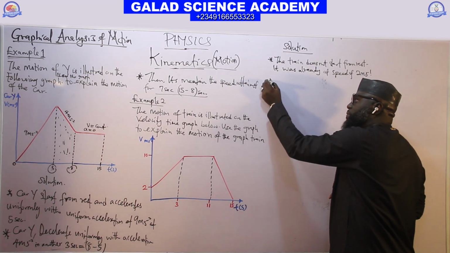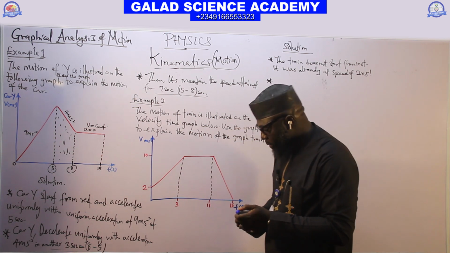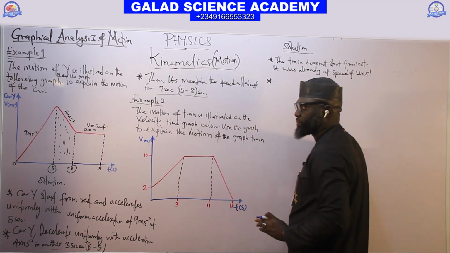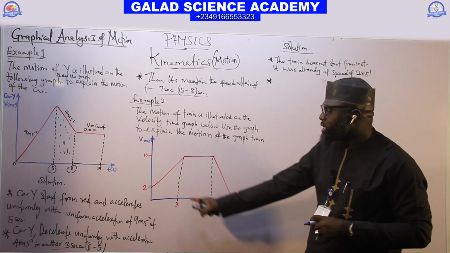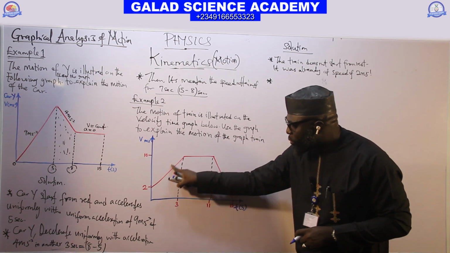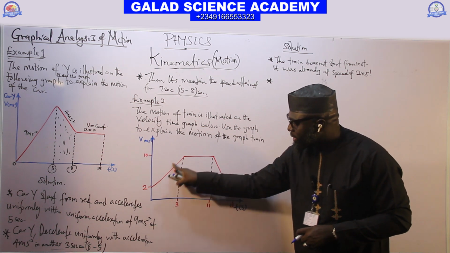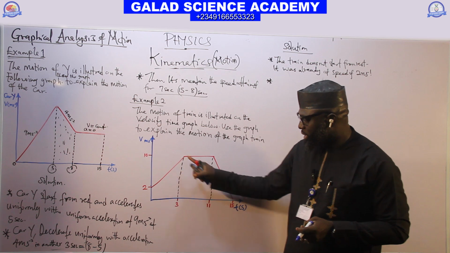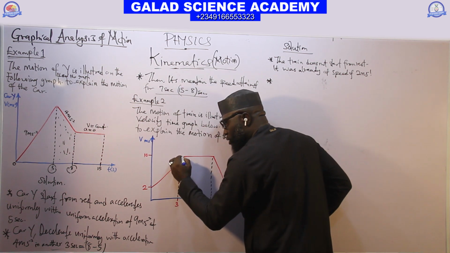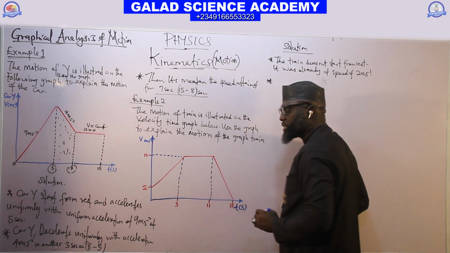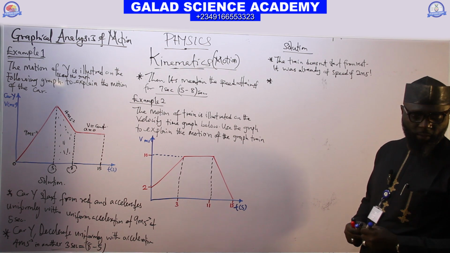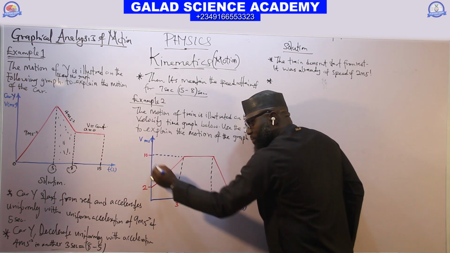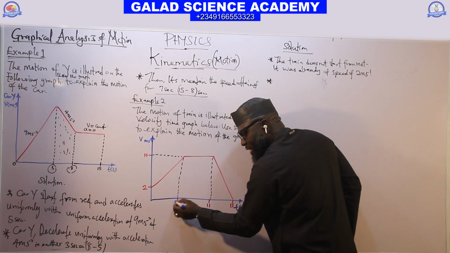The second one now is when the train gets to this point, it will accelerate uniformly to get to 10 meters per second. It accelerates uniformly to a speed of 10 meters per second in 3 seconds.